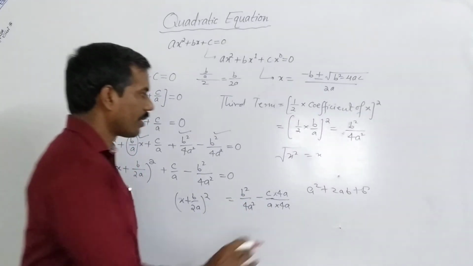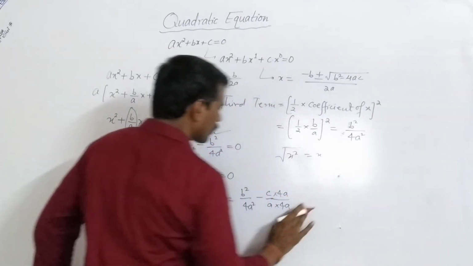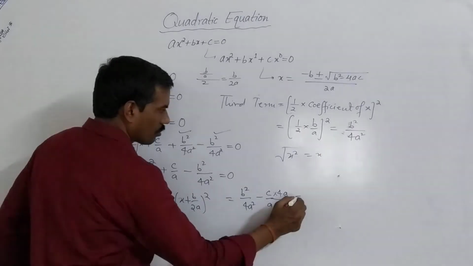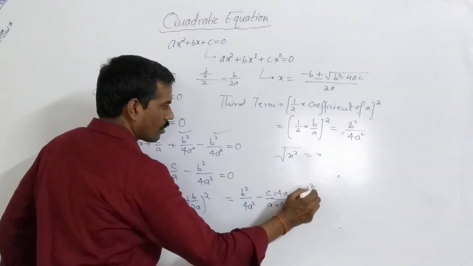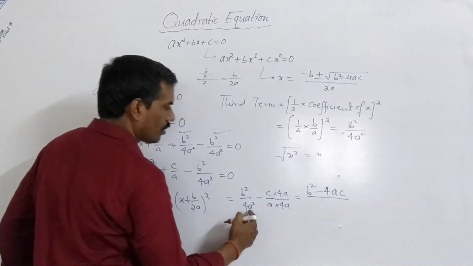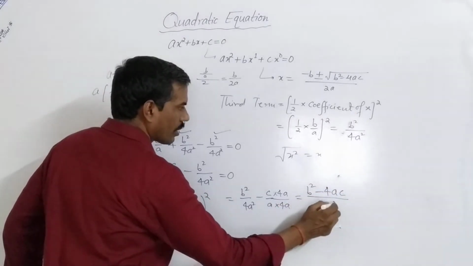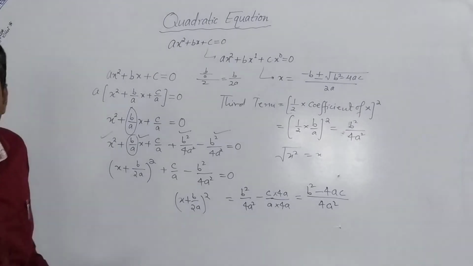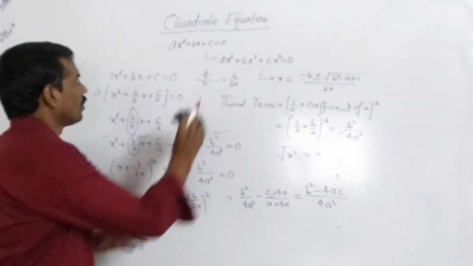Okay, and next, this is equal to b square minus 4ac upon 4a square. Correct? Now let us do the rough work.